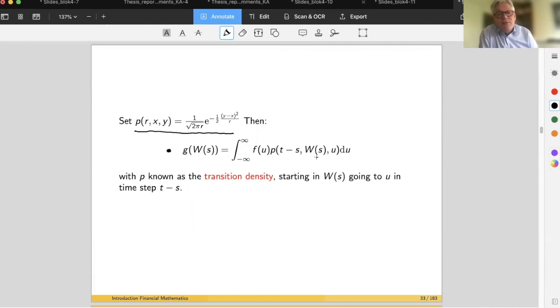And this p here is known as the transition density, starting at Ws, going to u in time step t minus s. This function, where the running variable of the integral is u, is seen as g of Ws. That is the function of Ws that we need in order to confirm that W satisfies the Markov property, that it is in fact a Markov process.